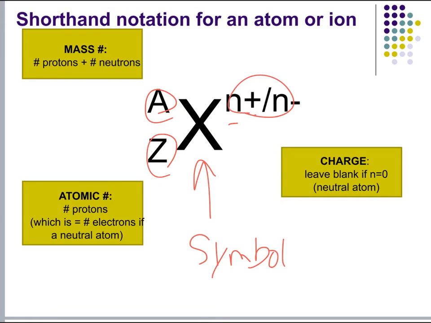So you just put what the charge is up there, and that's going to affect your number of electrons. Normally protons equal electrons, but if you see a minus, then it's going to have more electrons, and if you see a plus, then it would have fewer, just like we just talked about. So that's where you're going to find the directions on whether to have extra or fewer electrons.